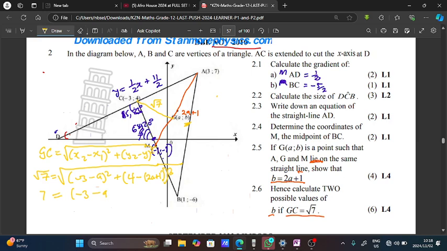minus a all squared plus, now let's break this bracket inside. So of course we have 4 minus 2a minus 1 all squared again. Can we simplify this further?